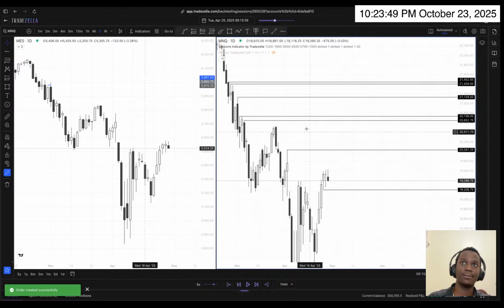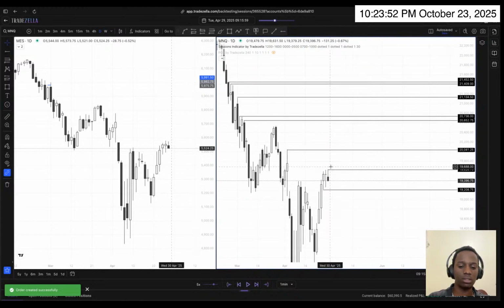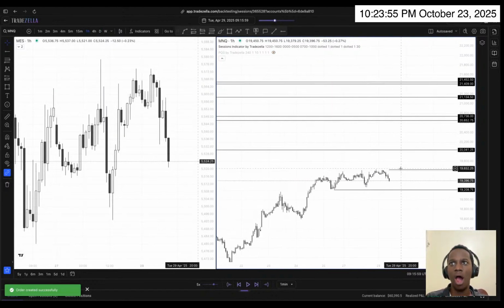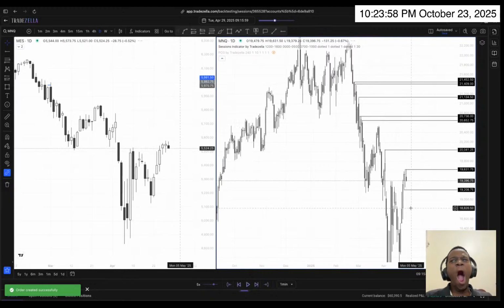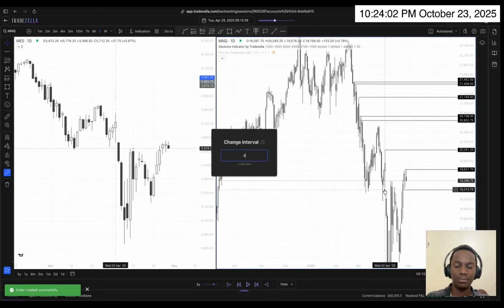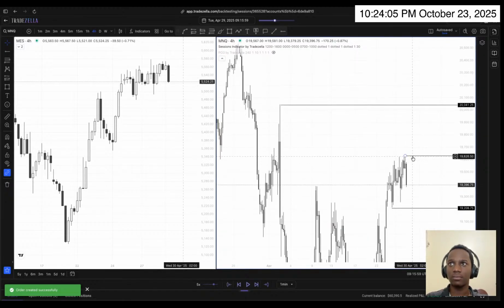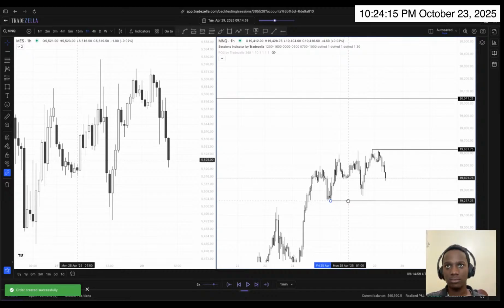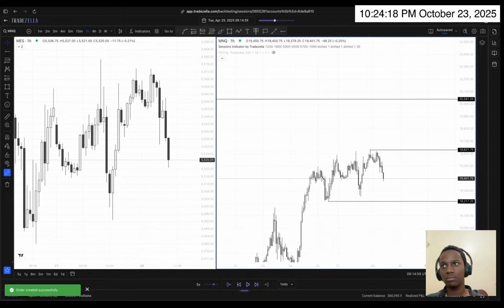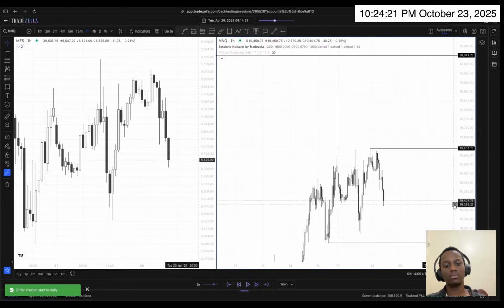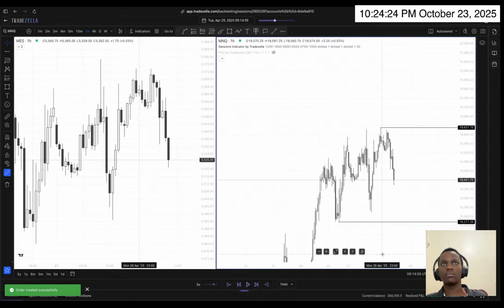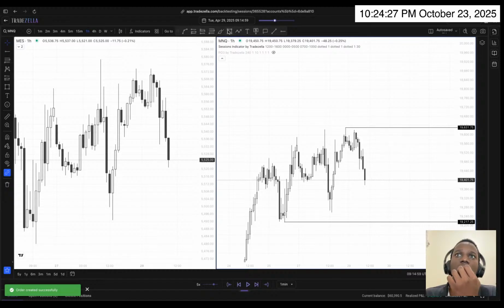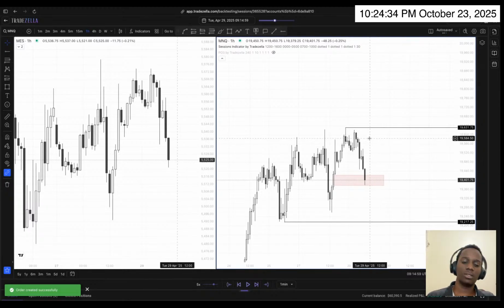Daily low close to a gap. Now the 1 hour is open, wait, high.